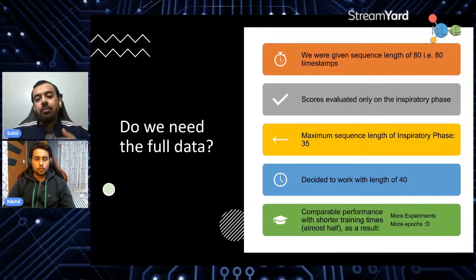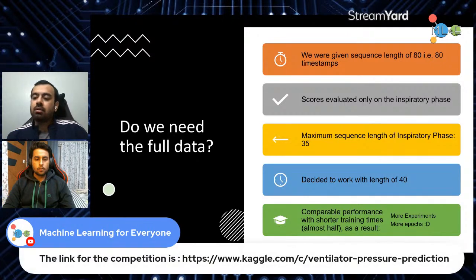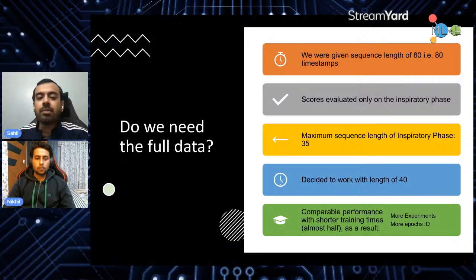That means when the breath starts, we only take the first 40 timestamps to build our models, and we just drop the remaining data. As expected, our hypothesis was that the performance should not deteriorate much. Post this experiment, we saw that the performance using the entire 80 timestamps versus only the 40 timestamps was comparable.